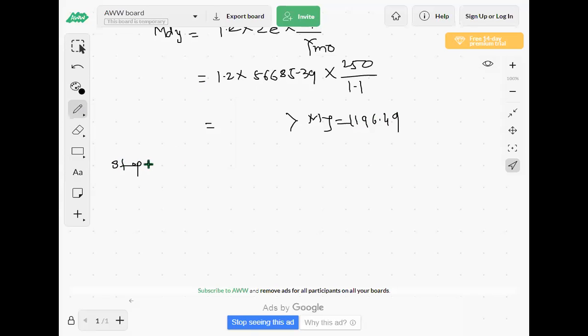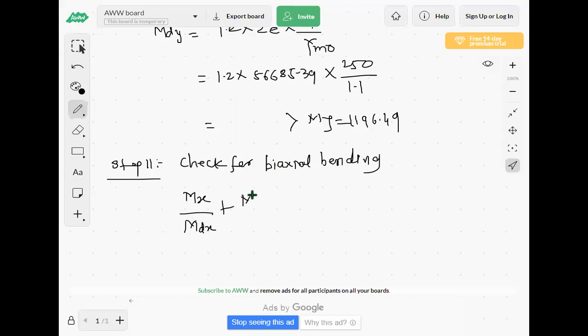And next step is step number 11, last step. Check for biaxial bending. So check is mx divided by mdx plus my divided by mdy.